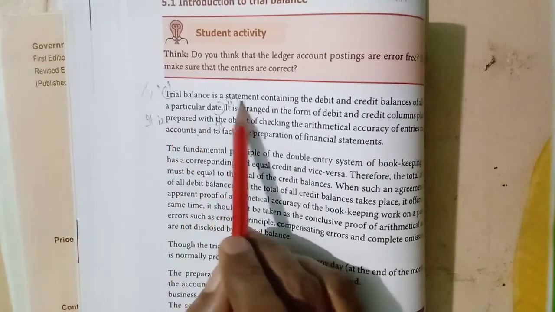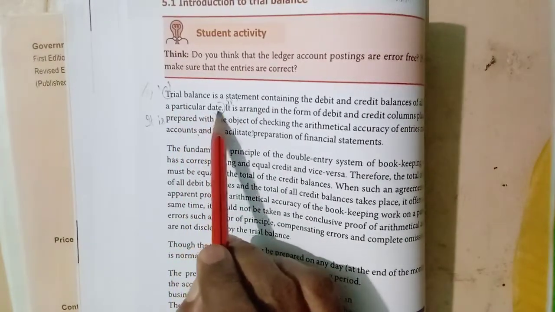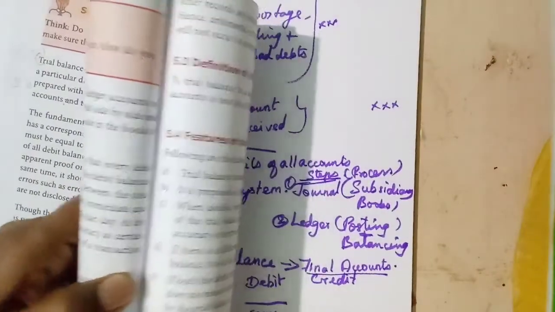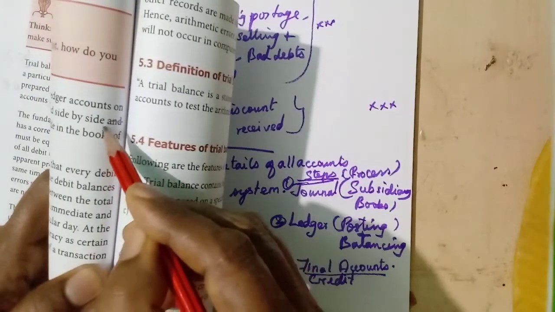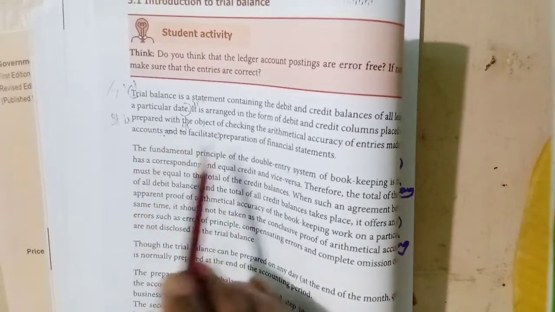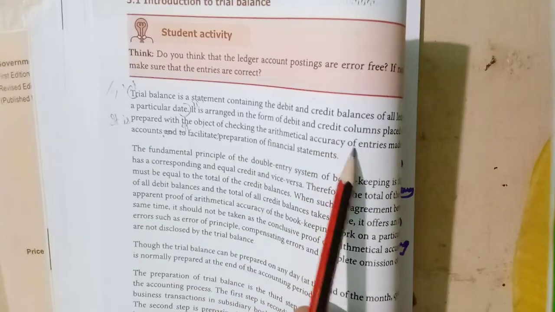First one, trial balance is a statement up to a particular date. Then write, it is arranged in the form of debit and credit columns placed side by side. That's all, full stop. Then here you write, it is prepared with the object of checking the arithmetical accuracy of entries.